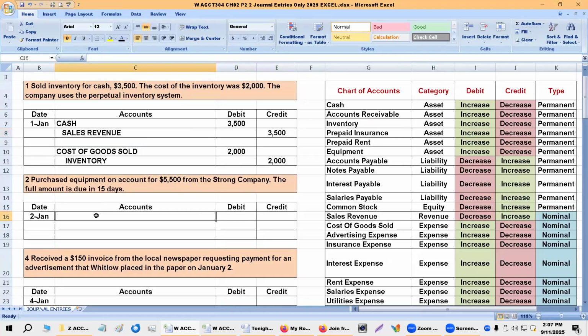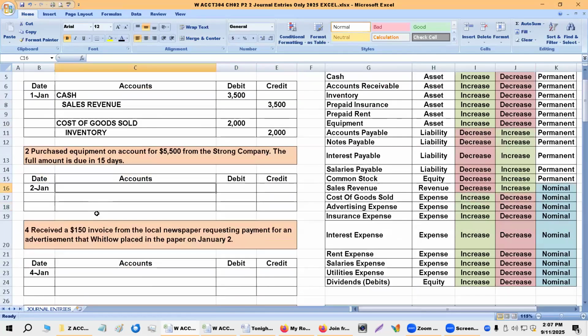Purchase equipment on account from Strong Company. The full amount is due in 15 days. You would debit equipment for 5,500. Yep.